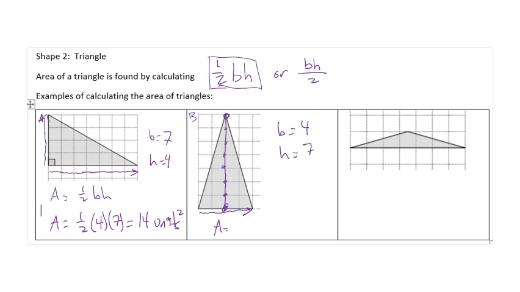So area is going to be 1/2 times 4 times 7, which also gives me 14 square units. So in examples A and B, we have two different shaped triangles, but they both contain the same amount of space within their boundaries, 14 square units.